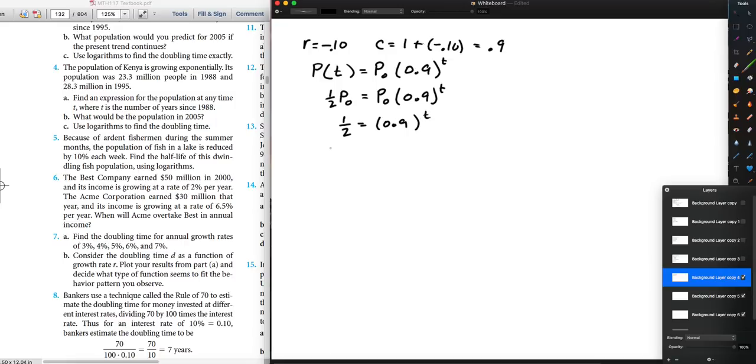Because we're working primarily in decimals, I am going to leave that as 0.5 equals 0.9 to the t. Now I have to solve this, and what I want to solve for is sitting up there in the exponent, which means I need logarithms. Take the log on both sides.